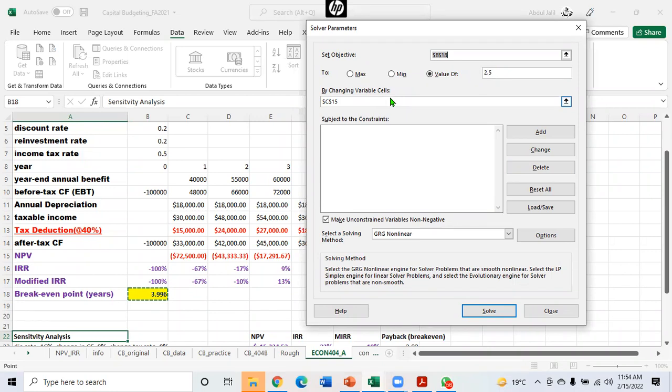Let's suppose that with a given situation, some changes have occurred: taxes have increased 10%, from 40% tax to 50% tax, cash flows have also increased 25%, and the discount rate has increased to 20%. So different kinds of variations have happened. The break-even point is 3.9, but you are interested in it being 2.5.